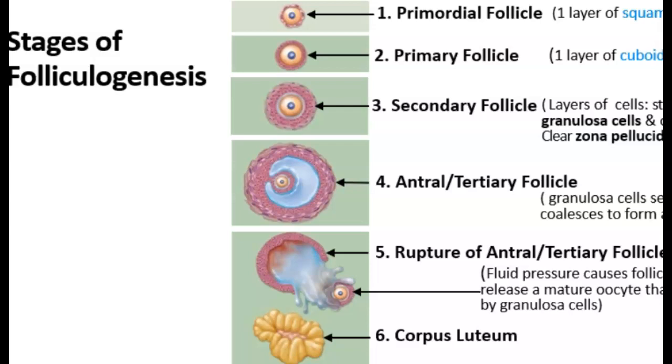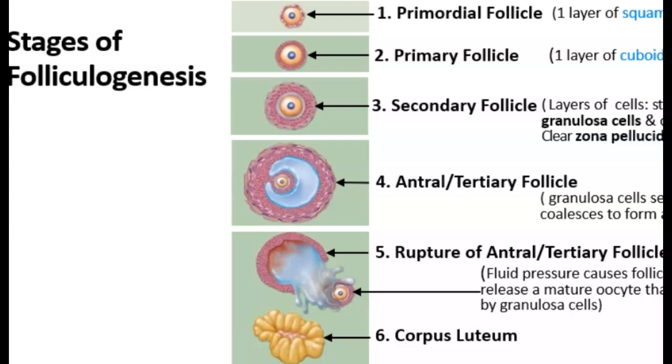So the other 5 million or so have undergone a process called atresia, which is a process of programmed cell death. They essentially degenerate and they're not maintained in the ovary. But the remaining 2 million survive at the cortex of the ovary.